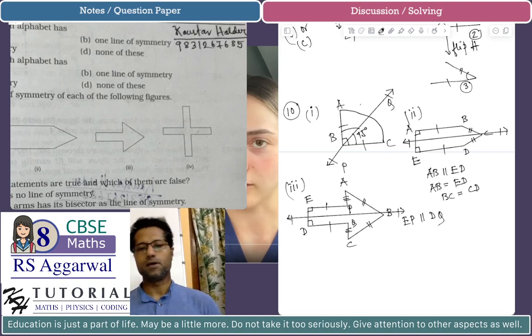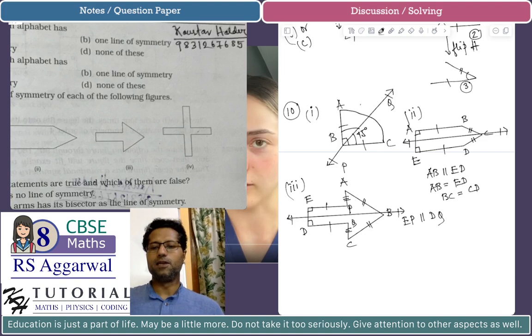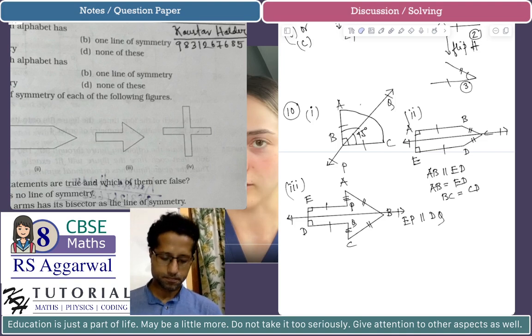So EP and DQ are parallel, and a line passing through the point B and parallel to them will be a line of symmetry for this figure.